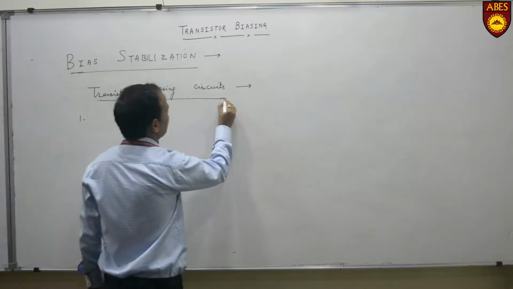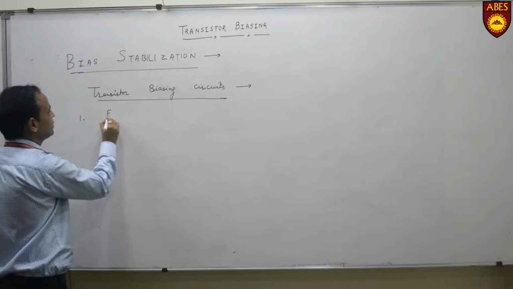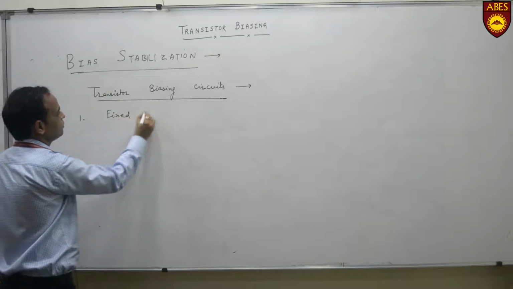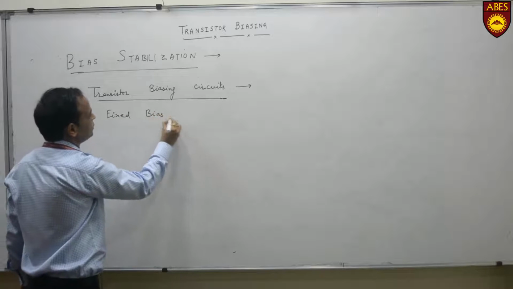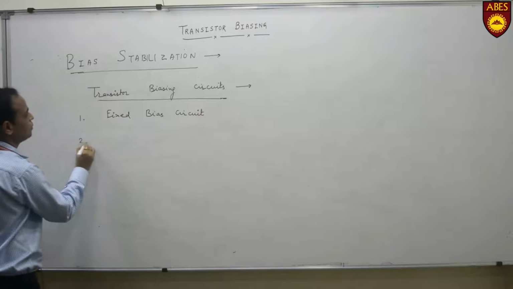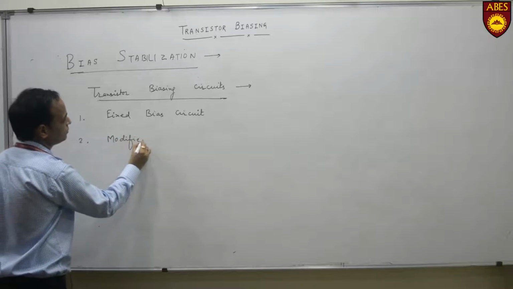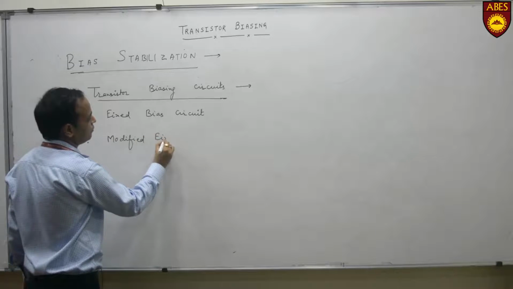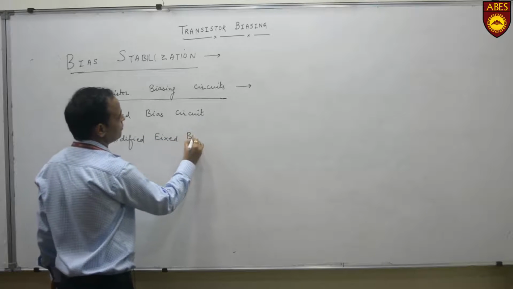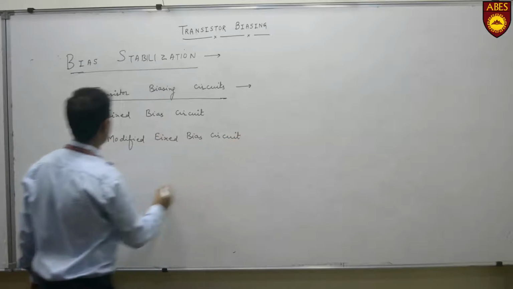Broadly, there are 4 types of transistor biasing circuits. First is the fixed bias circuit. Number 2 is the modified fixed bias circuit.